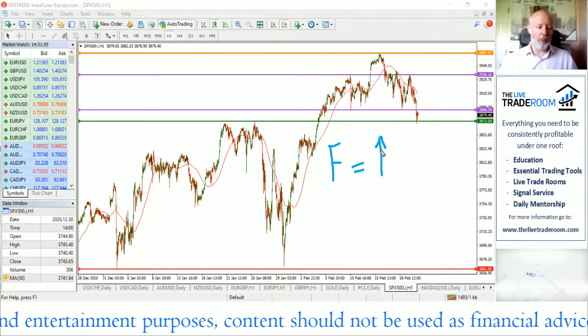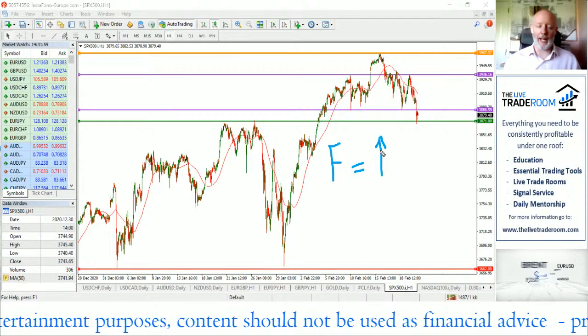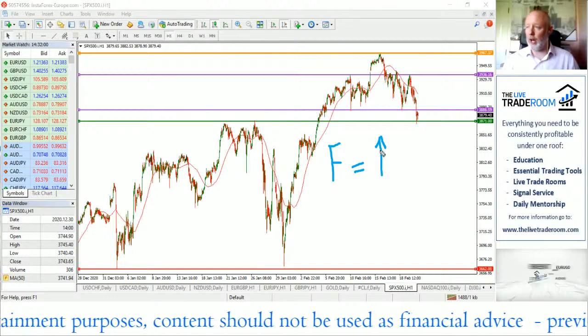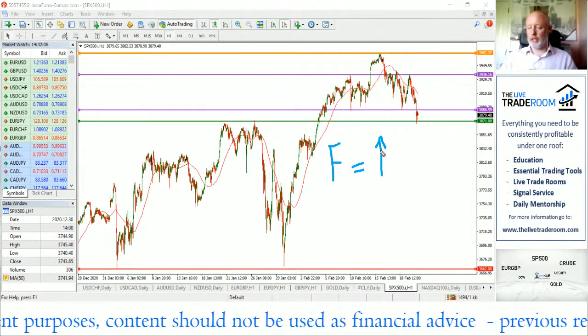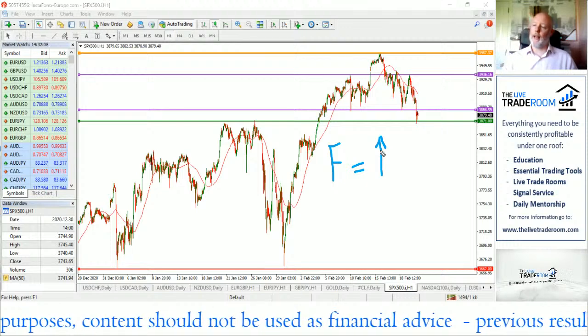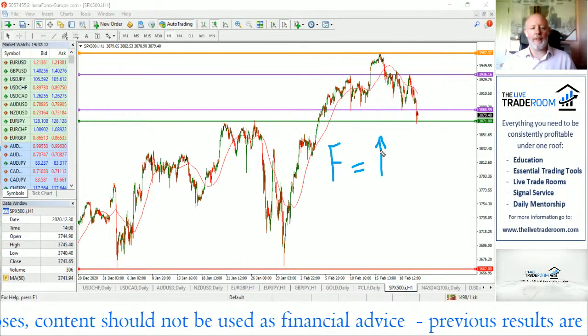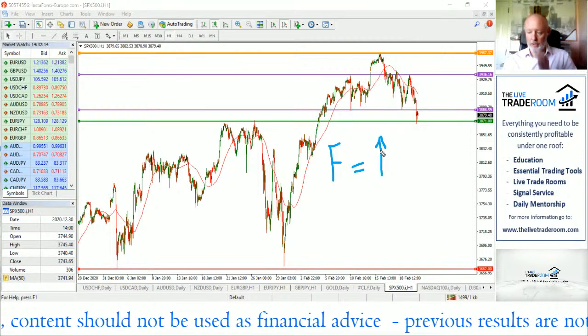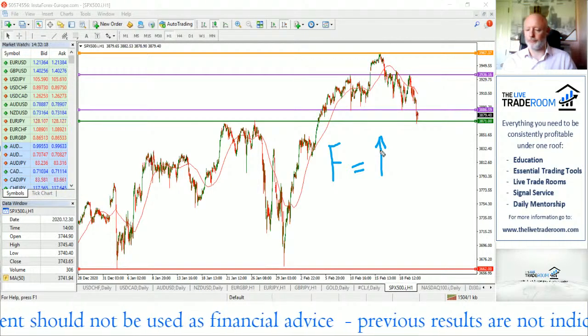So we now have a situation where Biden is looking to push through a package to the extent of 1.9 trillion, maybe even more. So there are interesting developments in that. All of these things are very supportive of equity markets, which is why they continue to make a series of higher highs.